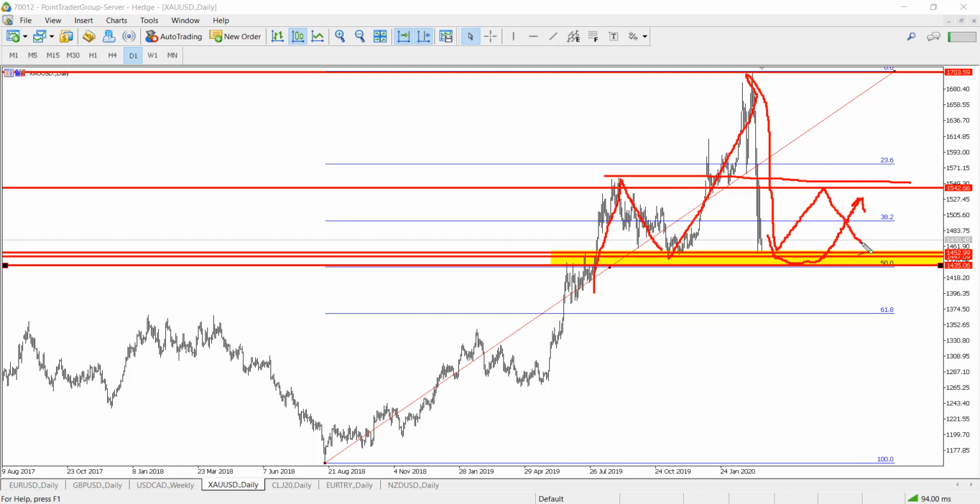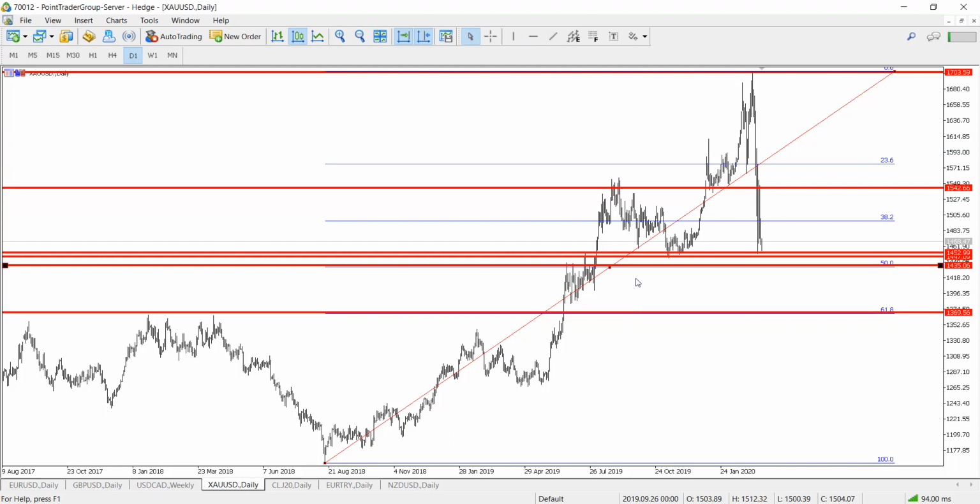In case this happens, then we are facing a very bearish scenario, and this could actually go along with the news that if they find a treatment for corona, this means that this is going to push the gold downwards, and at least our target would be this Fibonacci level 61.8, which is this level.